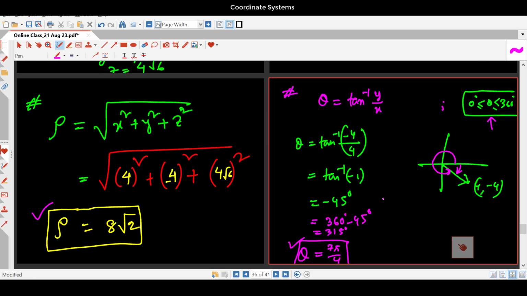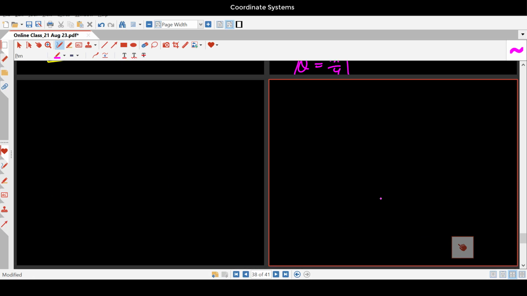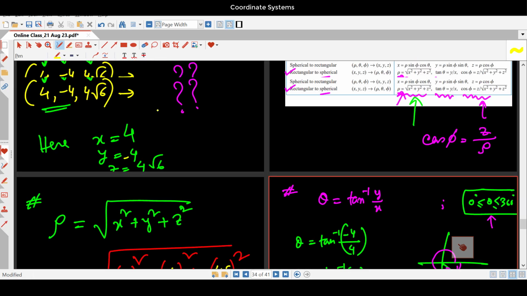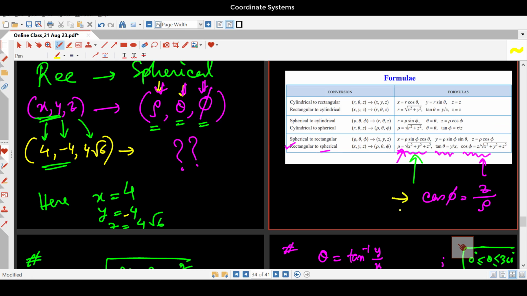This is how we will find phi, the third angle. This is the angle from the vertical z-axis to the position vector. So phi equals cosine inverse z divided by rho. So that is what I have written here.